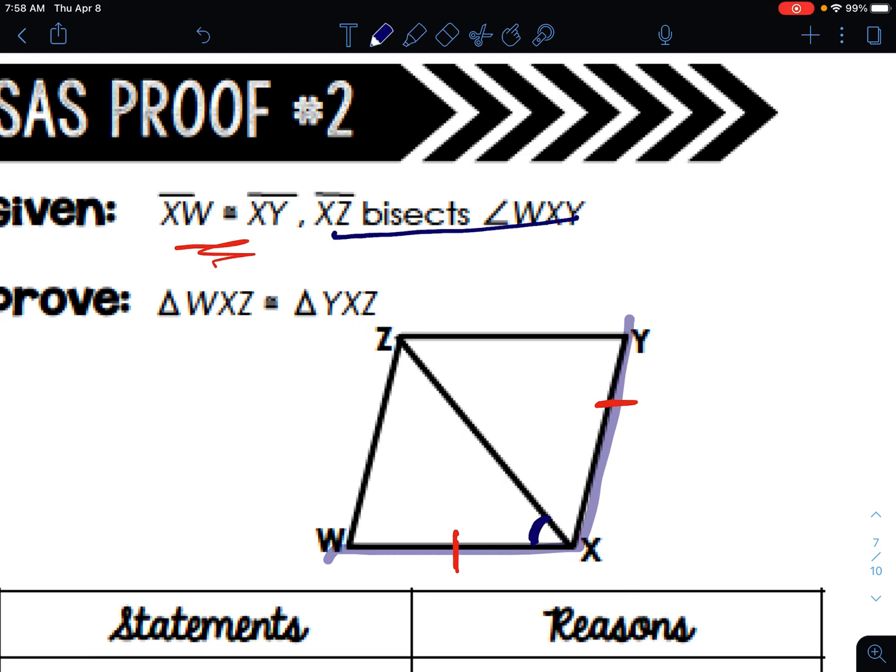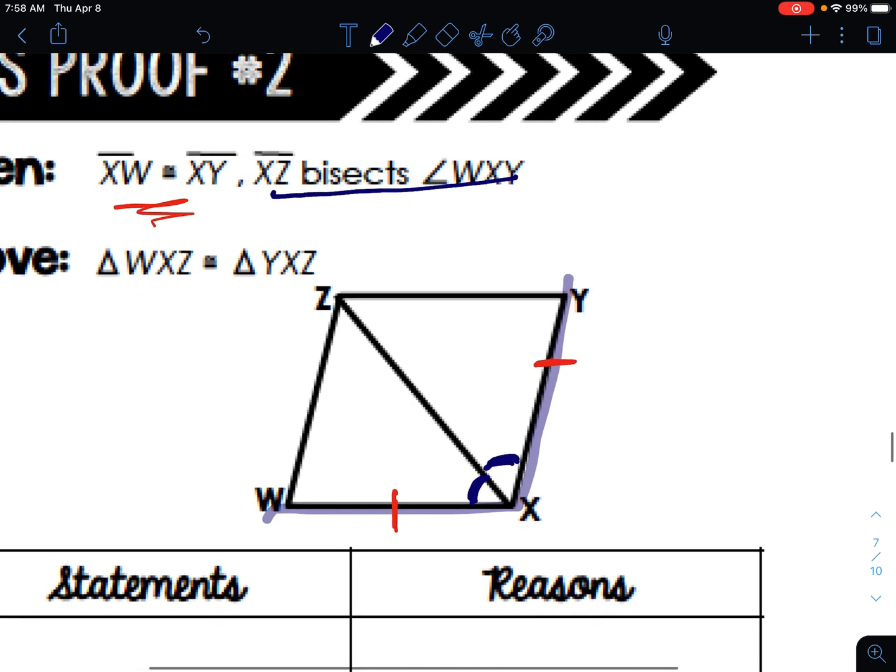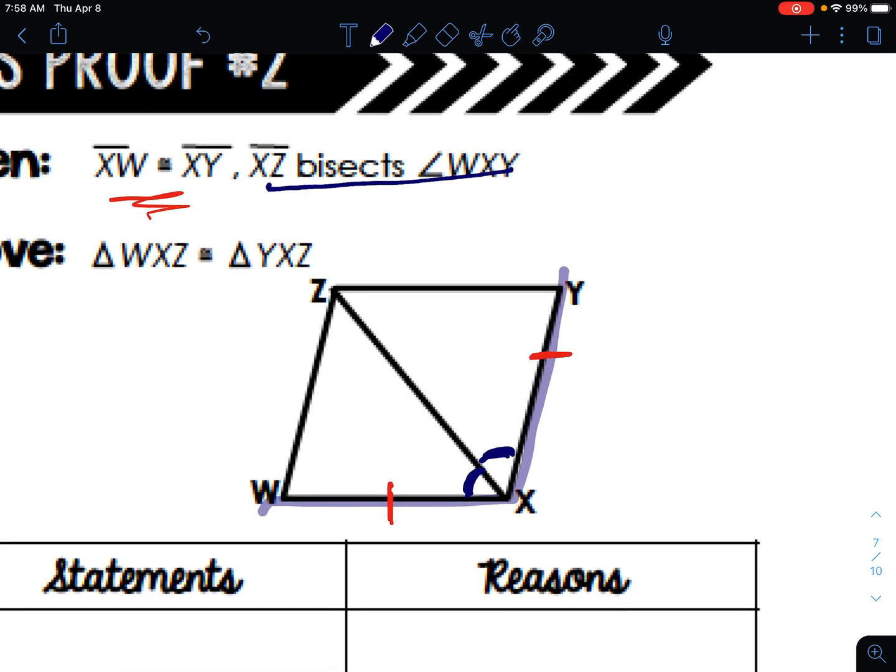Right? Well, that tells me that this angle here is half, and then this little angle over on the other side is half. Got to be able to name those angles. So W, go along the pathway, WXZ, right? This angle on the right is going to be YXZ.